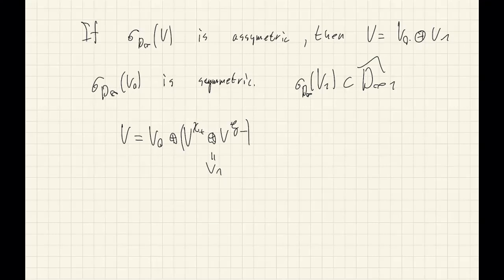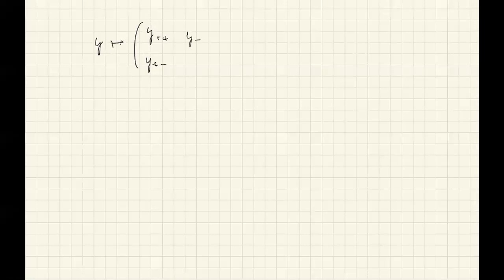So let us start with the symmetric subsets, and let us recall this matrix for y, and the matrix for y is y plus plus, y minus minus, y plus minus, minus plus, minus minus, and we assume now that the spectrums coincide.